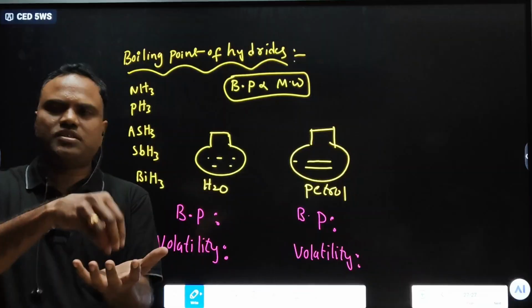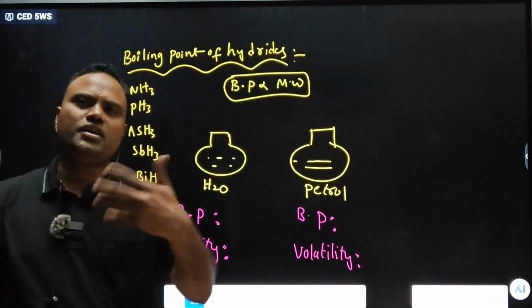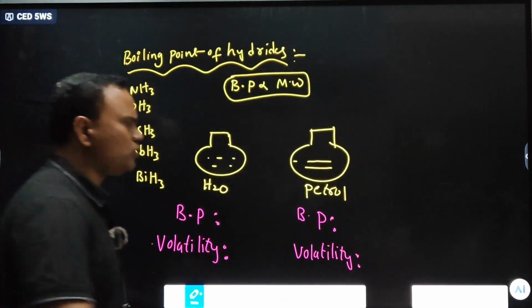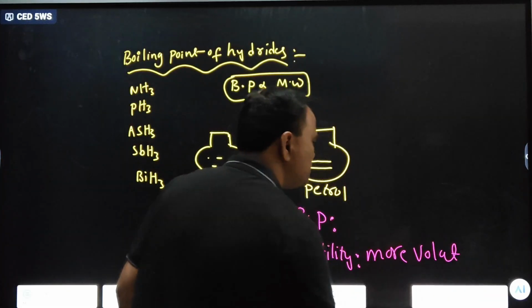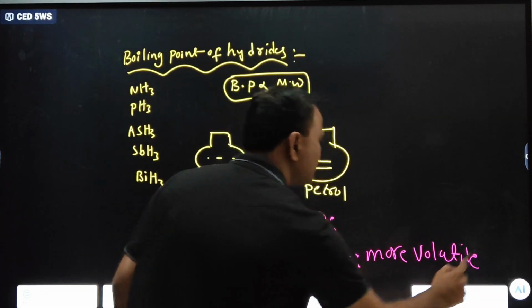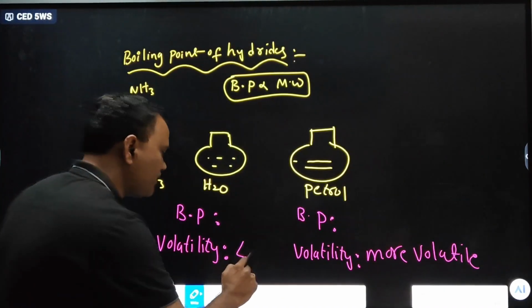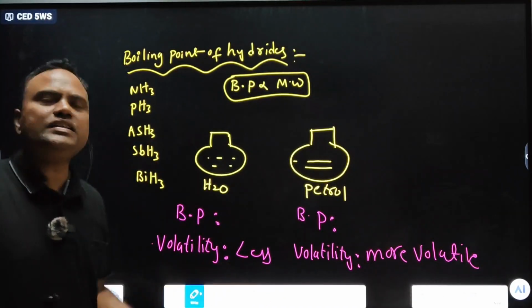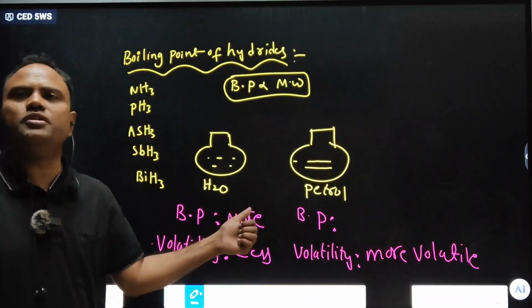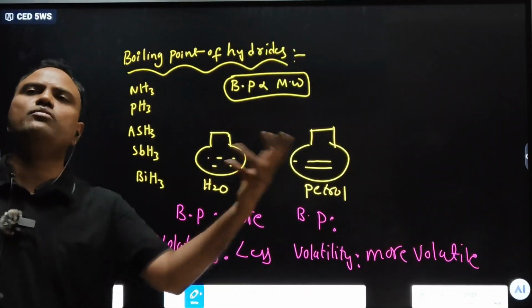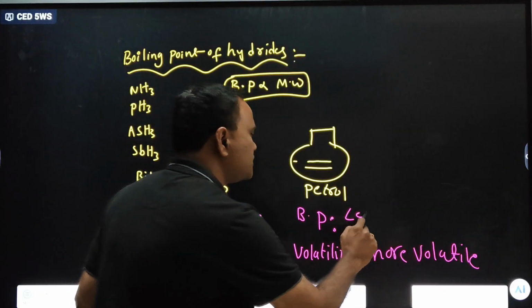If you take some petrol in your hand, it will evaporate easily; you need not heat it up. Water is less volatile. If volatility is less, boiling point is more. Water is less volatile, having more boiling point, 100 degrees centigrade. Petrol is more volatile, with less boiling point.